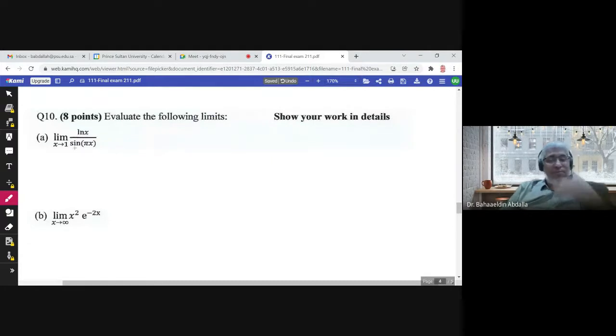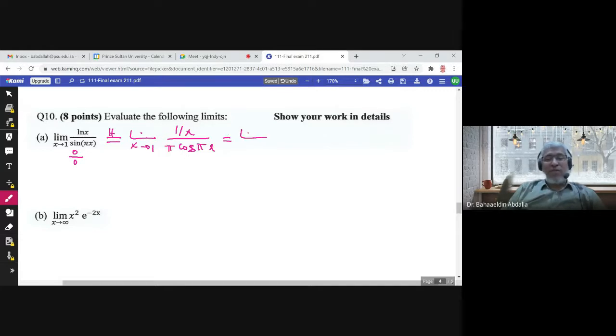Evaluate the limits. If I replace x by 1, ln 1 is 0. Sine of pi times 0 is 0. Sine 0 is 0. So I use L'Hopital's rule. Derivative of ln x is 1 over x. Derivative of sine pi x is cosine pi x times the derivative of pi x, which is pi.